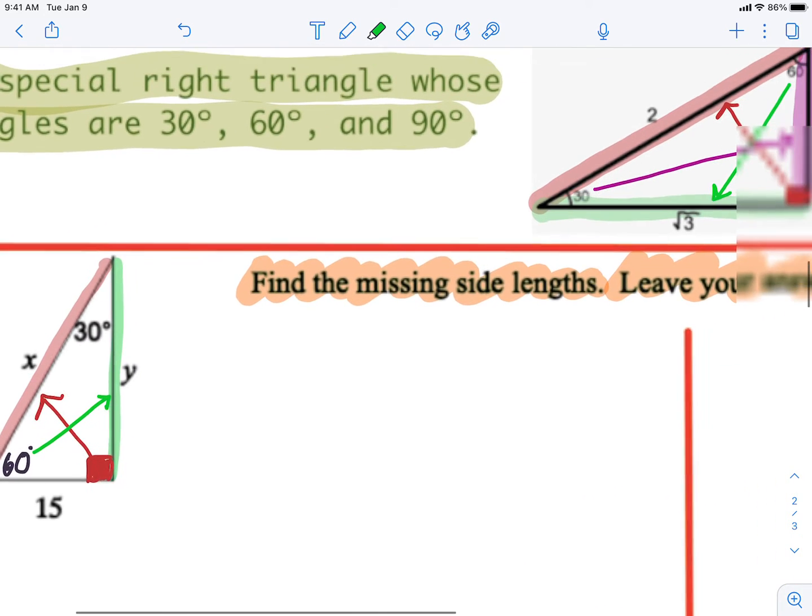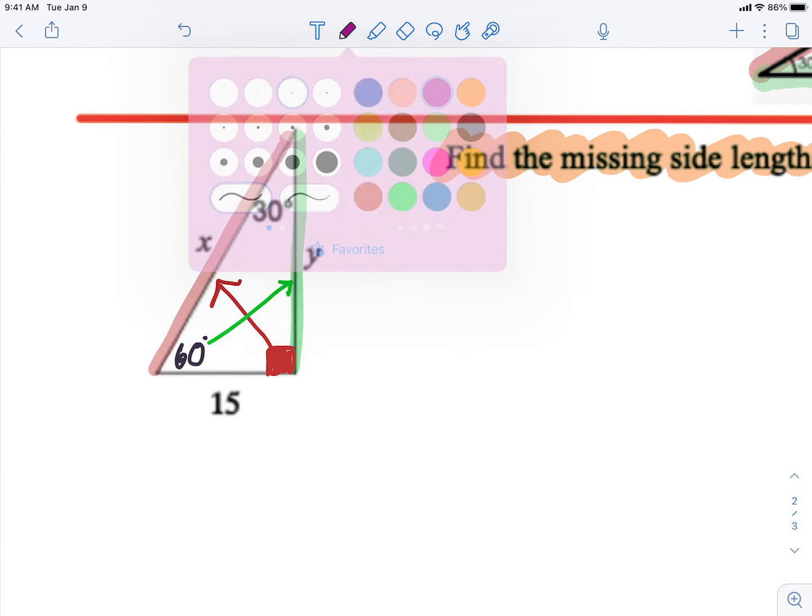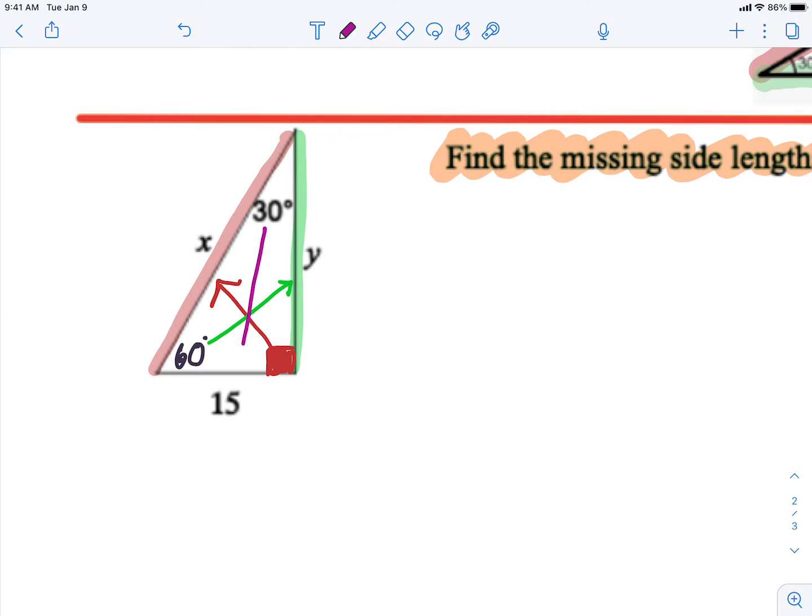Then finally, I use purple. Across from the 30 is the short side, which we highlight in purple.